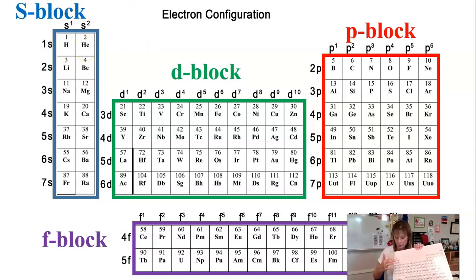All of these are S block elements, and all of these will have 1 or 2 valence electrons in that little s orbital. The P block is over here. P block fills up next, so you'll have 2 electrons here, then these 2, 4, 6 electrons for the P block. D block gets filled next, and then F block after that.